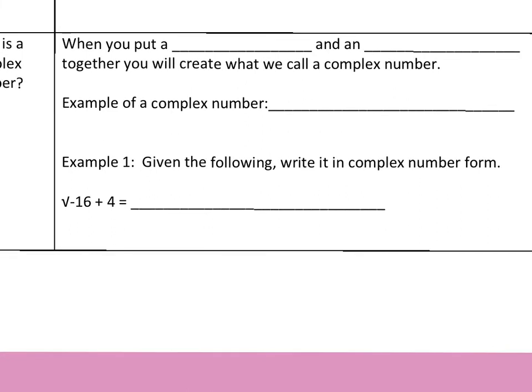What is a complex number? So a complex number is when you put a real number and an imaginary number together. Who would do such a thing? Mathematicians, I guess.